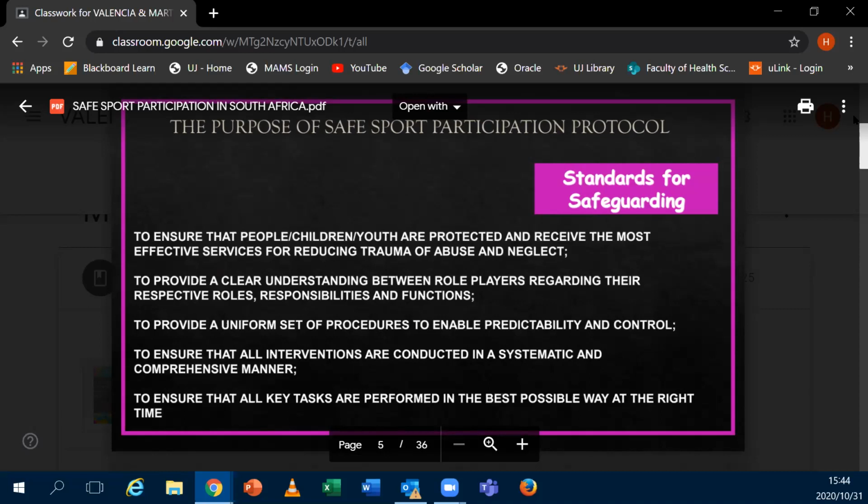So when we talk about safe sports participation protocols, what we're in the process of doing now with Helen is developing our own safeguarding policy.